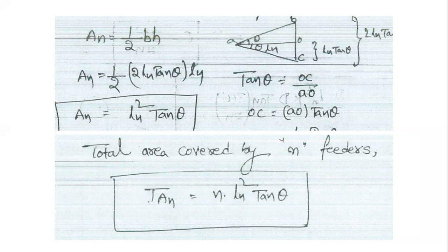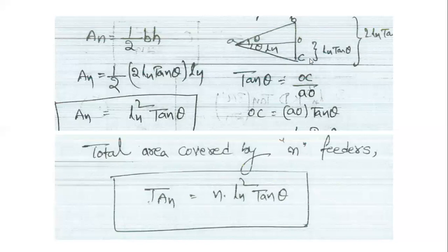What is the height in that particular feeder's area, the triangle ABC, that is the BC length? That is 2ln tan theta. The length of this is ln tan theta and this is also ln tan theta.